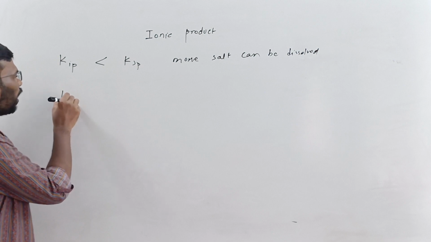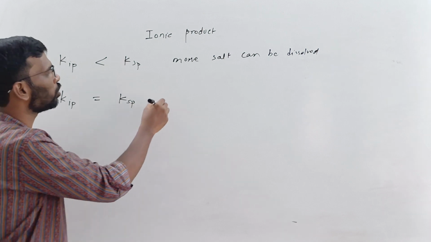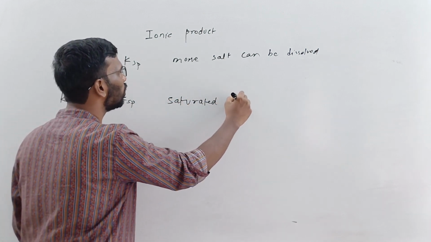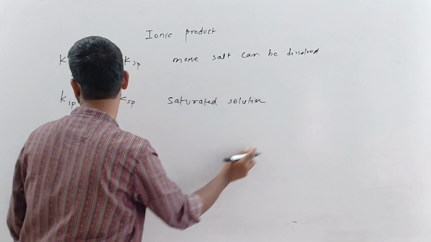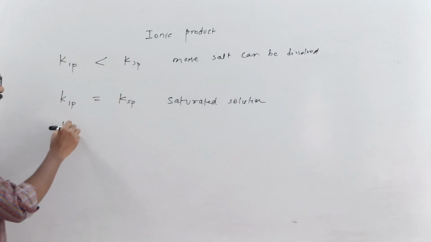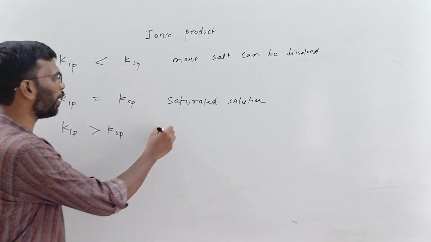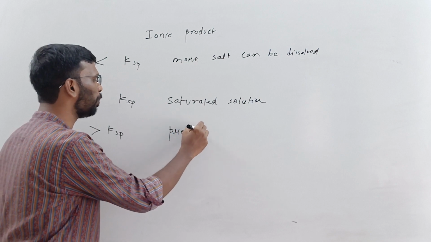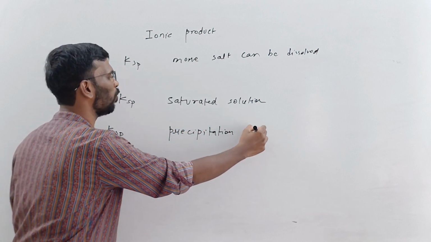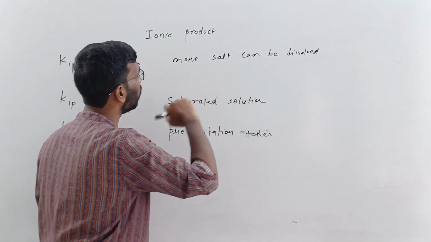When KIP is equal to KSP, it is a saturated solution, meaning more amount of the solute cannot be added to that. And if KIP is greater than KSP, precipitation takes place. The backward reaction takes place. Okay, this is the thing about the ionic product.